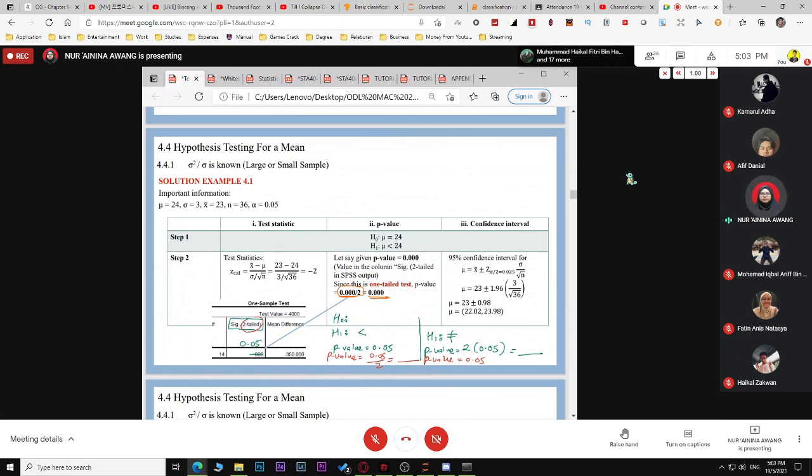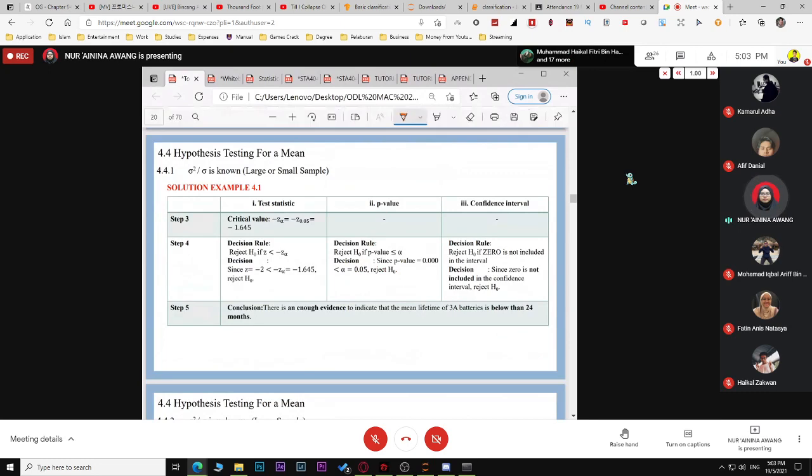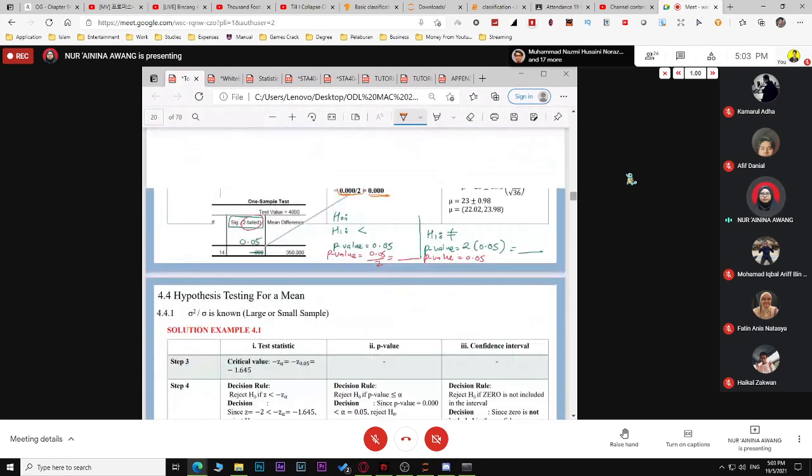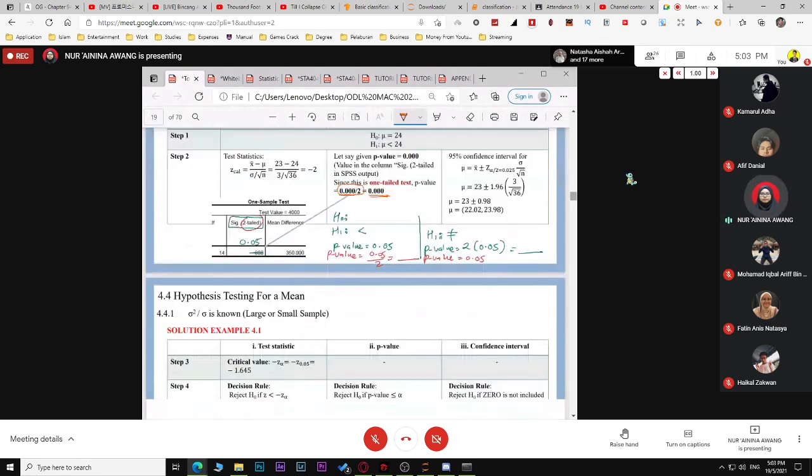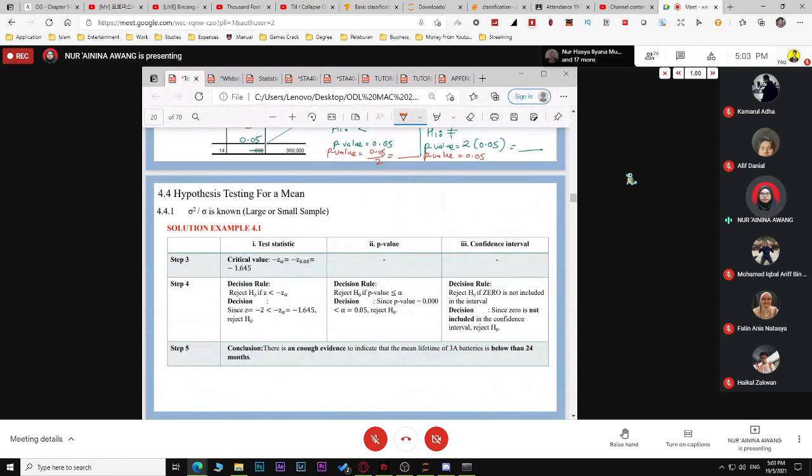Make sure you show it. Then do as usual, your decision rule: reject H0 if p value is less than or equal to alpha, and then you compare your values. For example here they give alpha as 0.05. This is just an example. You compare these two values and you will get reject H0.